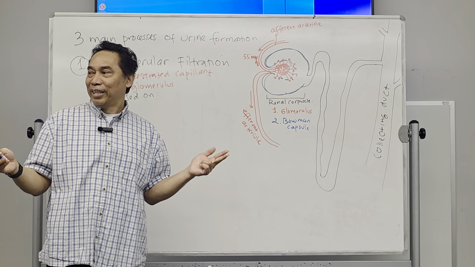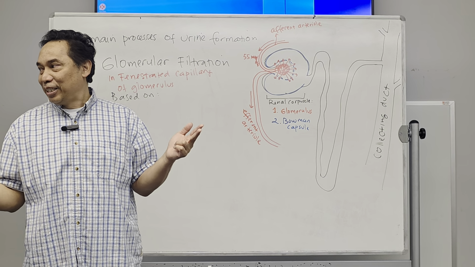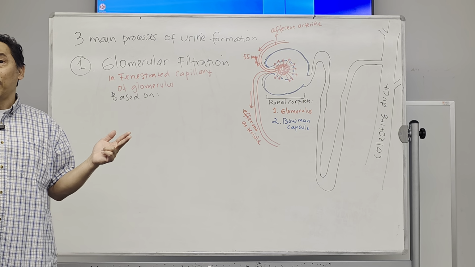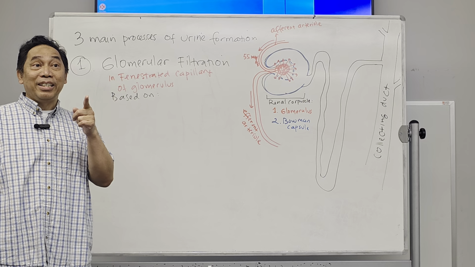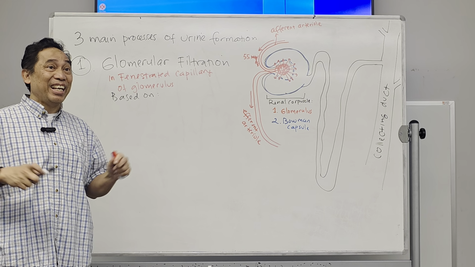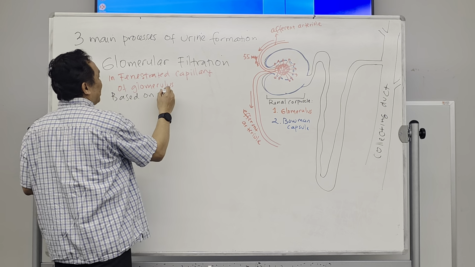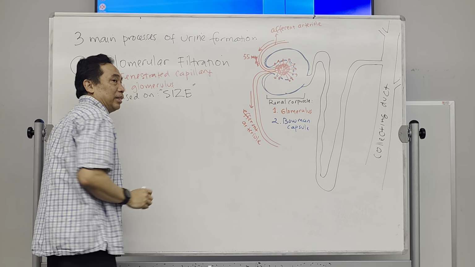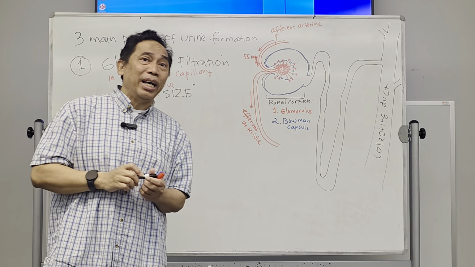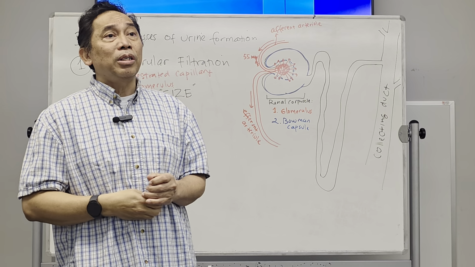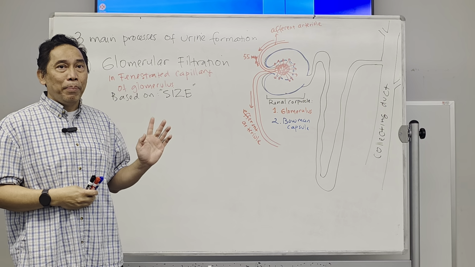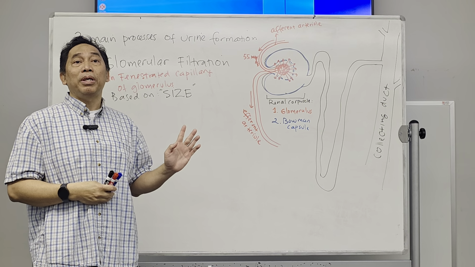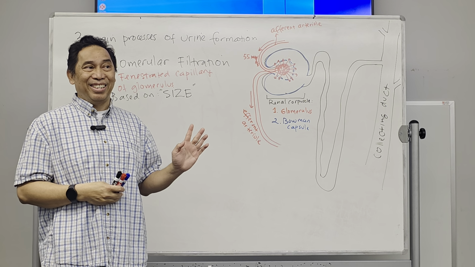Come on, Ethan, only based on what? Just size, size. So just remember that, size. It means that smaller molecules will be filtered. Big molecules will not be filtered, and will stay in the blood.